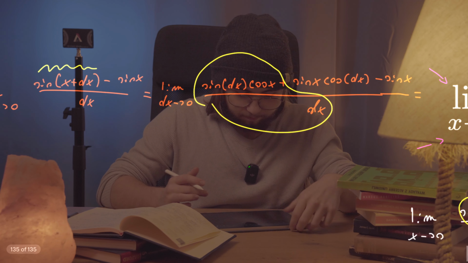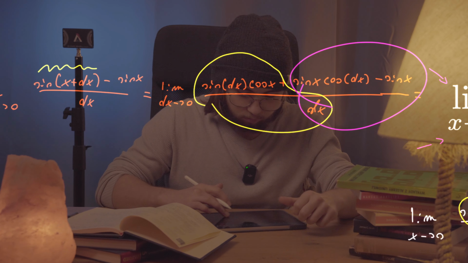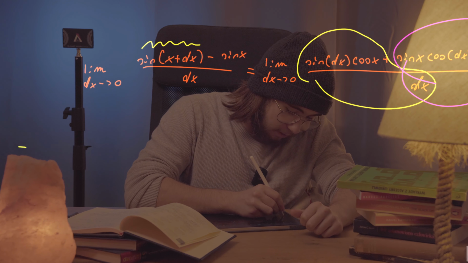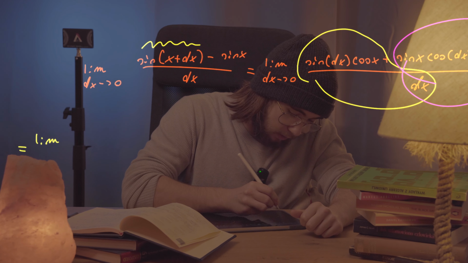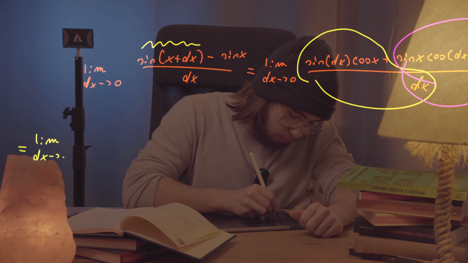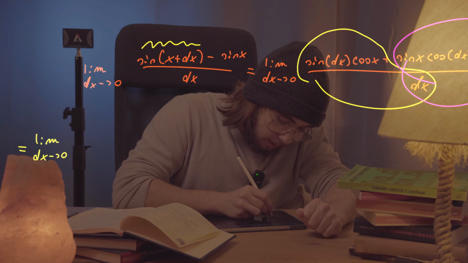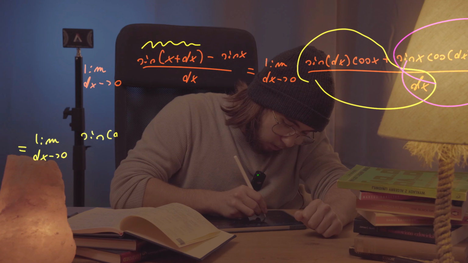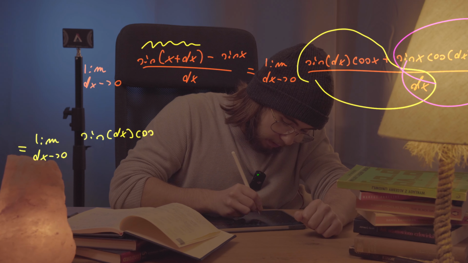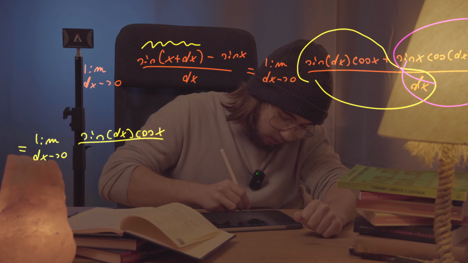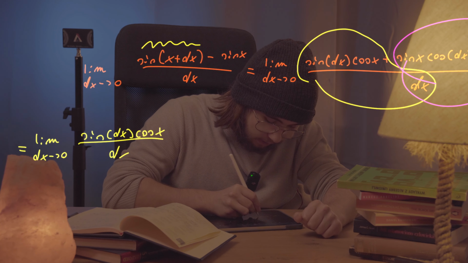So I'm going to be left with the limit as delta x approaches 0 of the sine of delta x multiplied by the cosine of x all over dx.